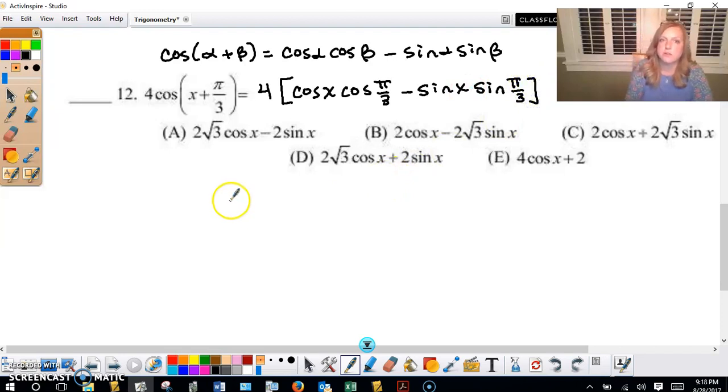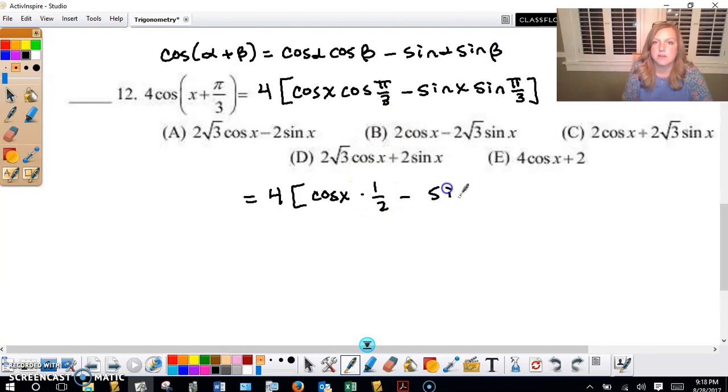Then you have a little bit of trig ratios to do. We have our 4, cosine of x, and then we have cosine of pi over 3, which is 1/2, minus sine of x, and then our sine of pi over 3, which is square root of 3 over 2, and then we can distribute our 4 to get 2 cosine x minus 2 square root of 3 sine of x.